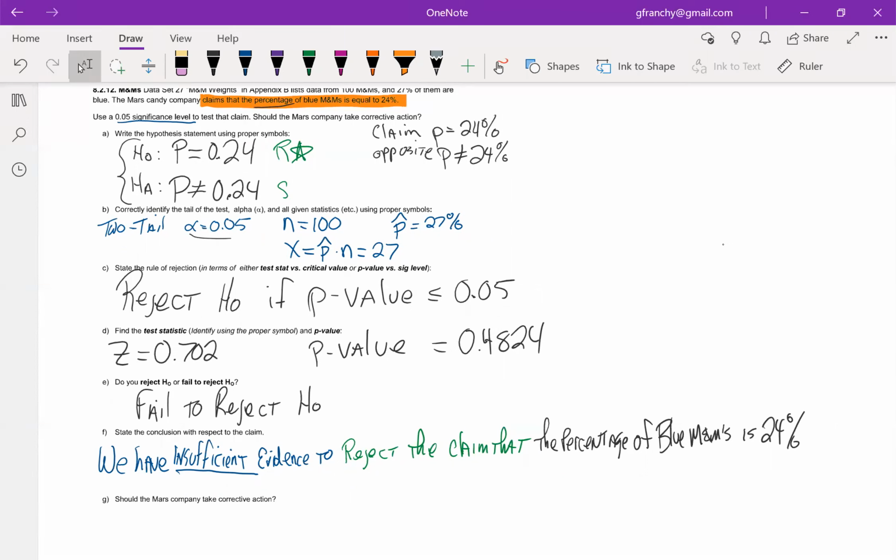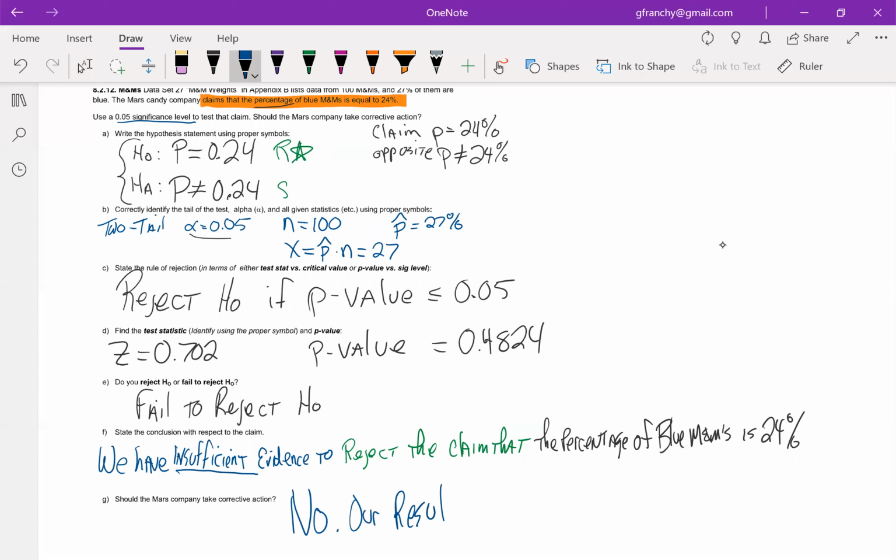And according to our results, we're consistent with that still being true. So if we don't reject the null hypothesis, the null hypothesis is the status quo. We didn't throw out the status quo, so there's nothing they need to fix. So no.